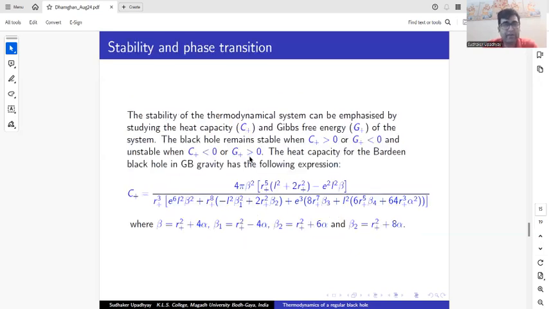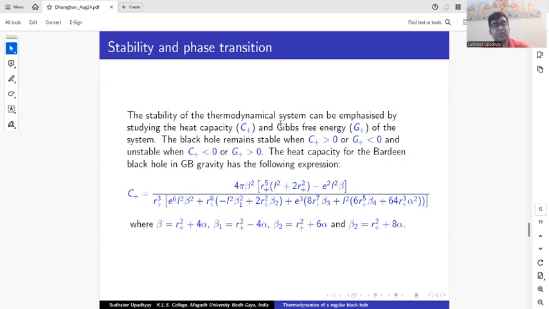And now what we do, we calculate the stability. Stability can be checked by calculating the specific heat or Gibbs free energy. Here we see that a black hole remains stable for positive heat capacity or negative Gibbs free energy.